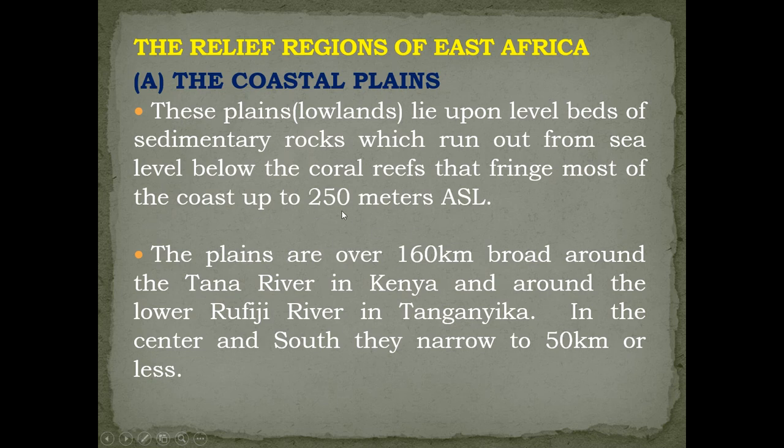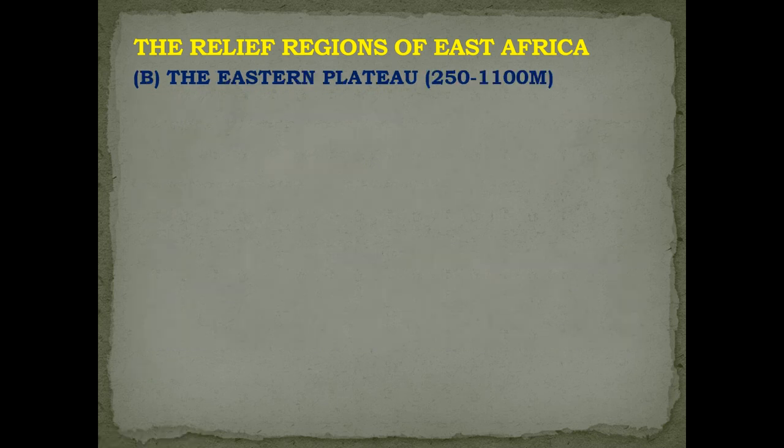They are the mangrove forests, because it is one of the popular objective questions that you will come across in your exams. So the major type of vegetation found along the coastal plains of East Africa are the mangrove forests.